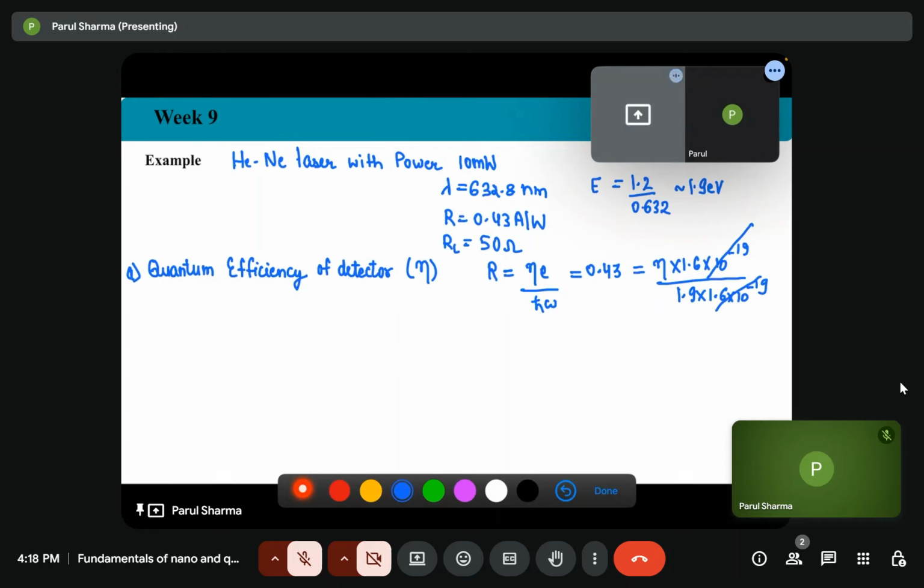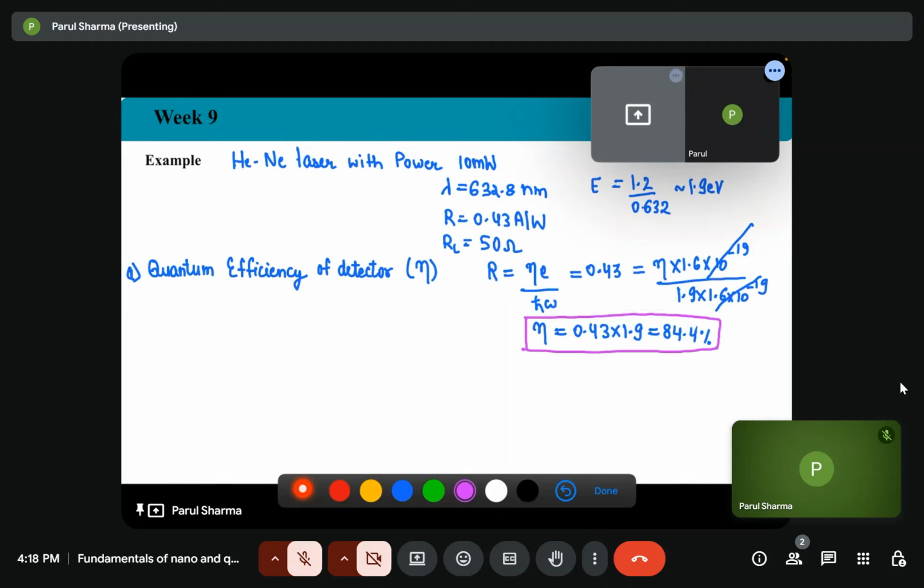So eta is equal to 0.43 into 1.9, which is equivalent to 84.4%. So this is your quantum efficiency of the detector.